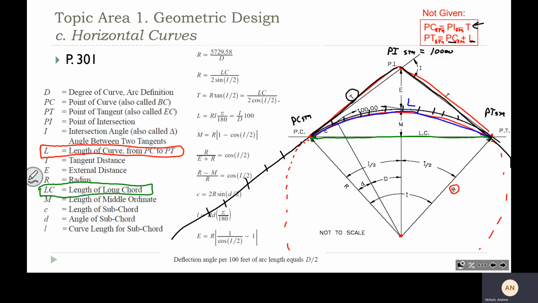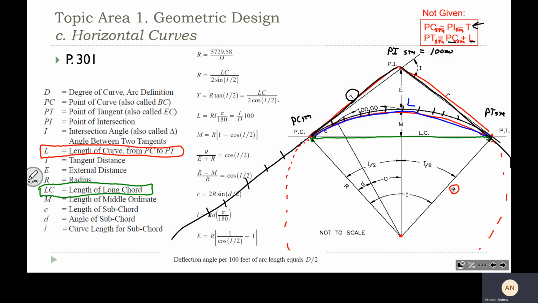That makes sense. If you were to walk from the PI to the PT along the tangents, would you walk the same distance as if you were walking from the PC to the PT along the curve? You would not, right? Everybody agree with that?